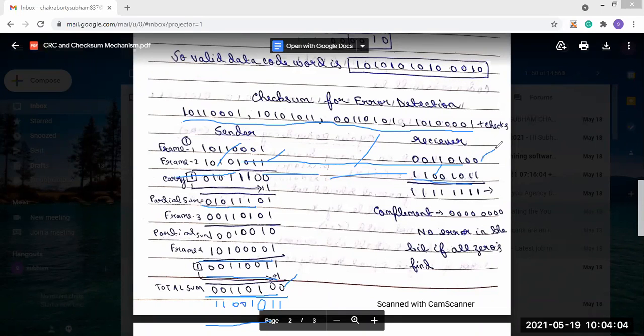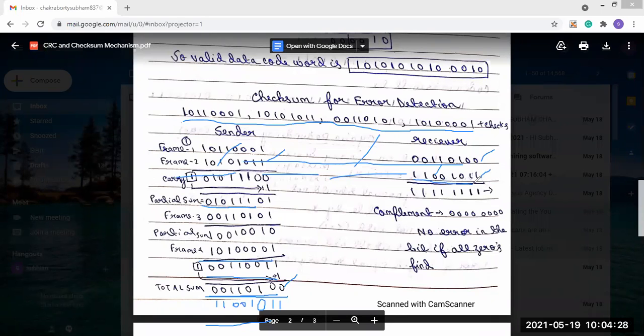With this total, the ones complement which we received, 1 1 0 0 1 0 1 1, will be added.